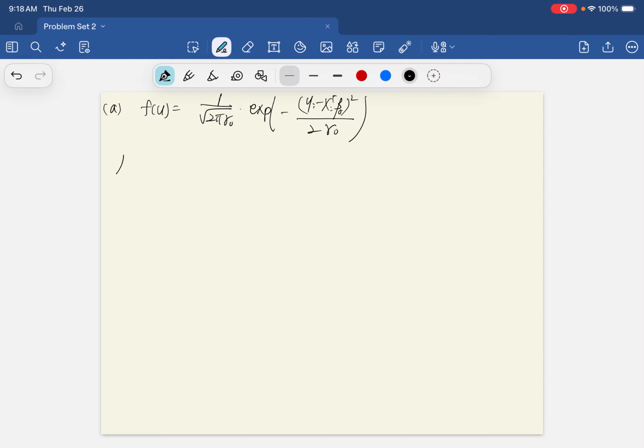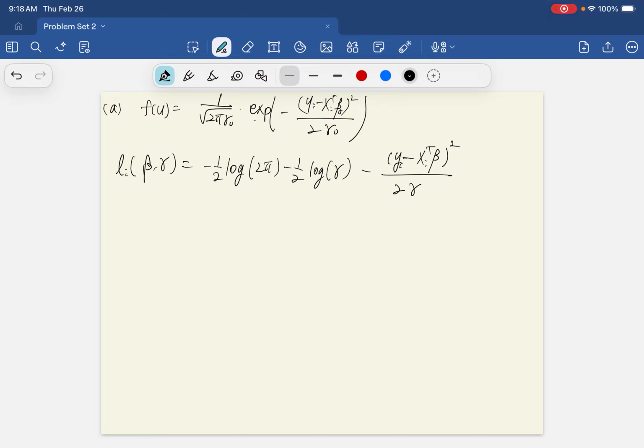So the log likelihood function of beta and gamma is the log of that. So minus 1 over 2 log 2 pi minus 1 over 2 log gamma minus, since log and exponential cancel out, (yi minus xi transpose beta) squared over 2 gamma.